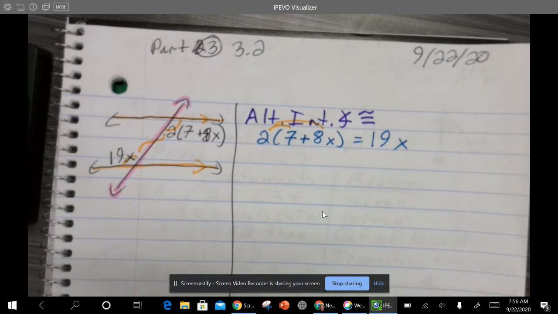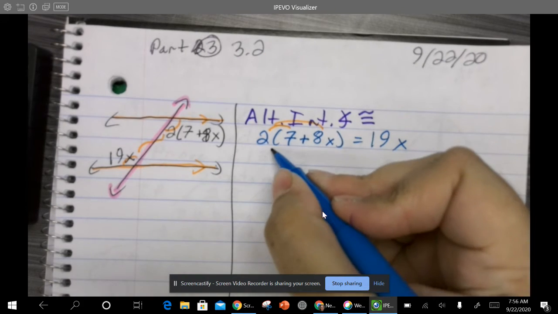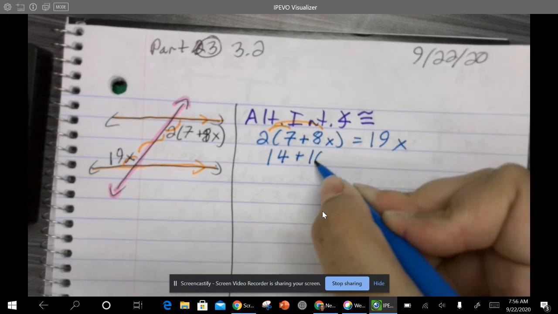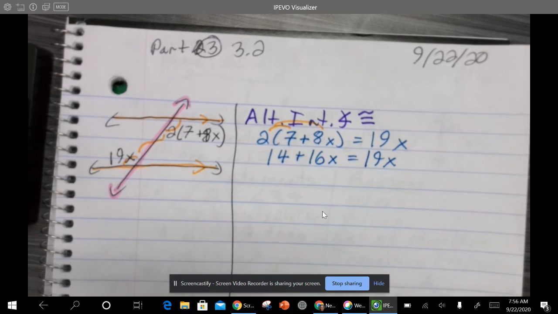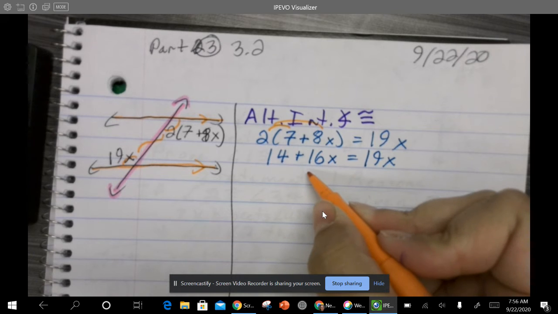So 2 times 7, we get 14. 2 times 8x is going to be 16x. Okay, and we get 19x. We're going to subtract 16x from each side.